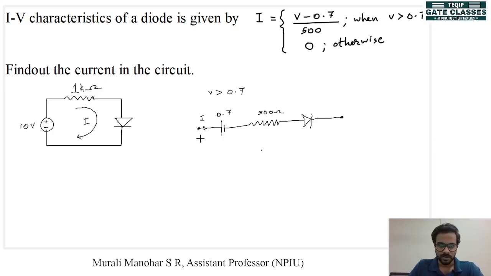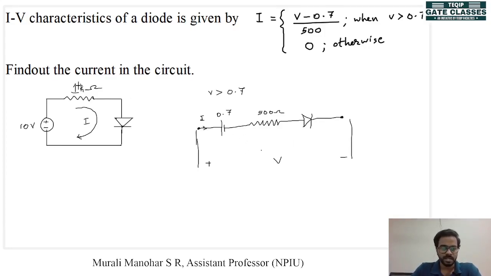The voltage across the diode will be V, and the current I is given by (V minus 0.7) divided by 500, because when V is greater than 0.7 this diode will be forward biased and act as a short circuit. Then you can find the value of I in this circuit by applying KVL.